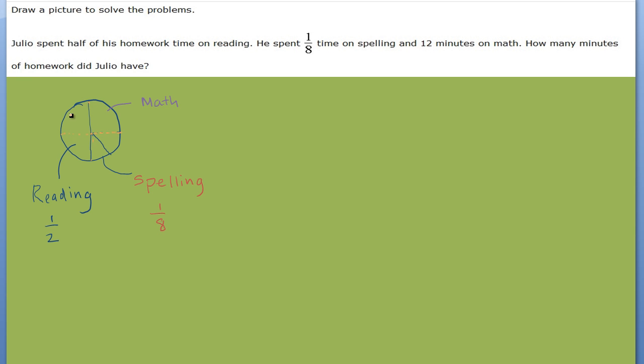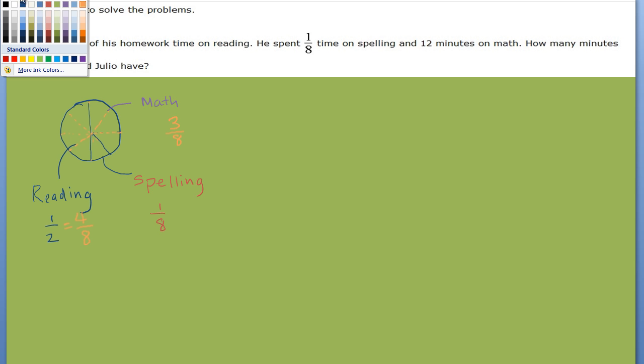We break it into different parts. Now you see that there are 8 equal spots in the whole pie. 1, 2, 3, 4, 5, 6, 7, and 8. Here, half is also equal to 4/8, right? 1, 2, 3, 4. So he spent 4/8 of his time on reading, 1/8 on spelling, and the rest must equal 3/8.